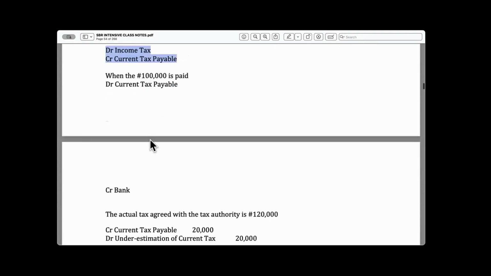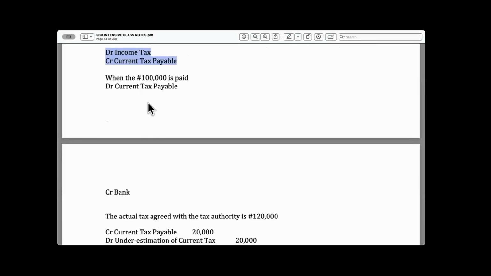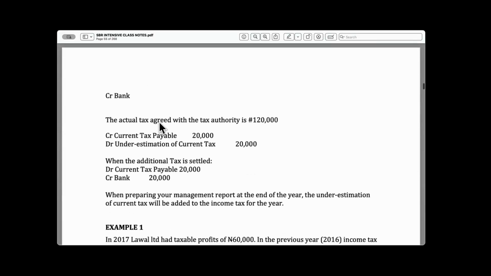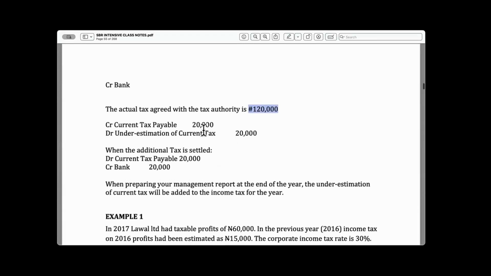So eventually you filed your returns, you paid. But as soon as you file your returns, FIRS would review your returns and they will send you a desk review. So let's leave all those stories. They came in with 120. They say that your liability should be 120. So they are claiming that you have a tax payable of 20.